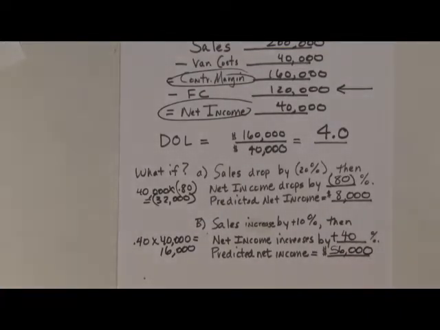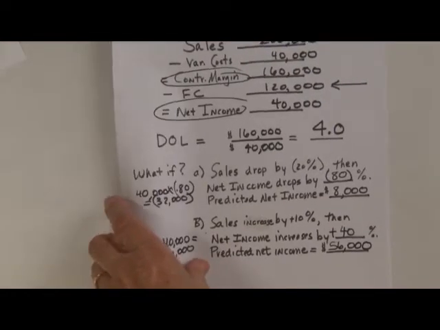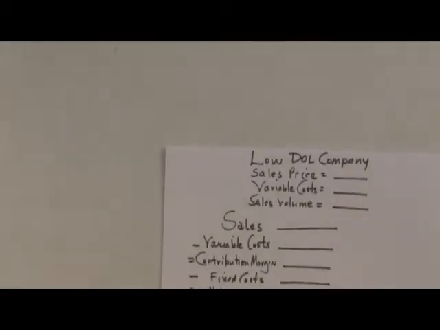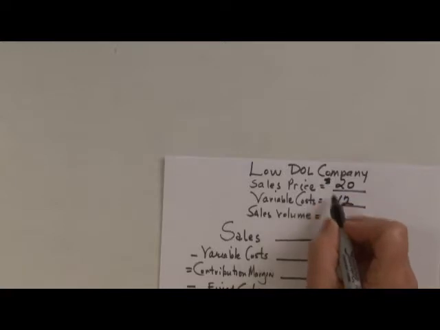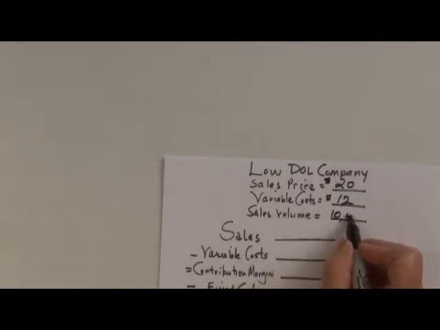All right, now if we set that aside, we'll do the same thing for a low DOL company and look at the effects from this type of situation. This company has a sales price of $20 and variable cost of $12. Sales volume is, again, about 10,000 units.